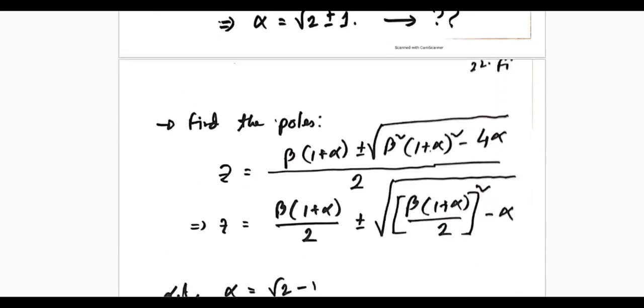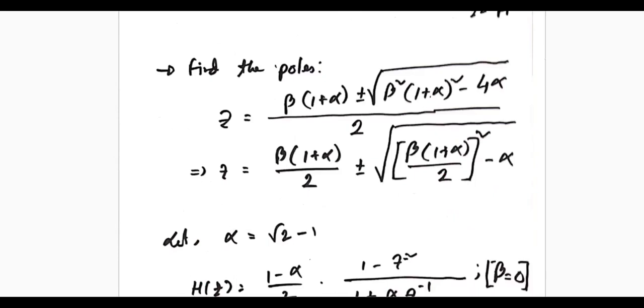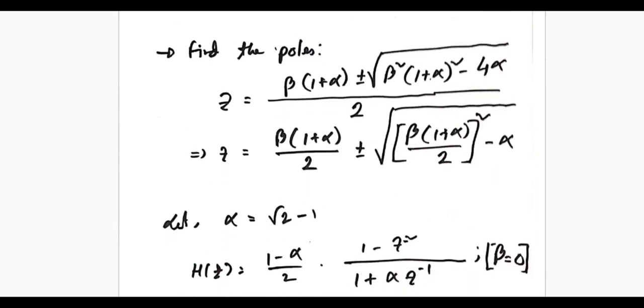Here, nothing very special. Since that is a second order equation, you can go for this kind of root finding equation, and from there we will find this equation. Now by putting in the values of alpha and beta, you can find those pole locations.